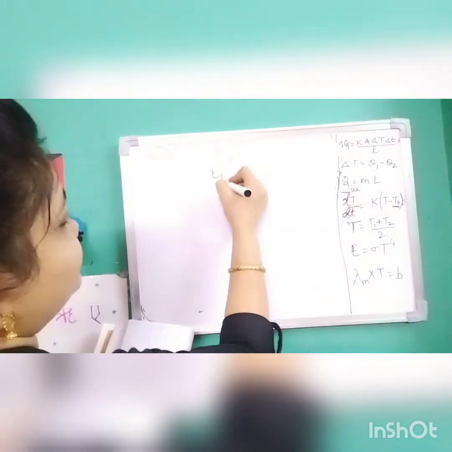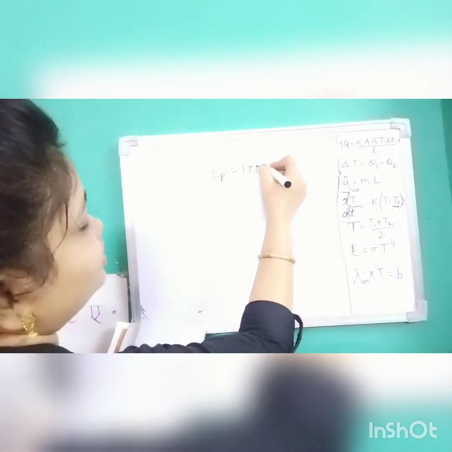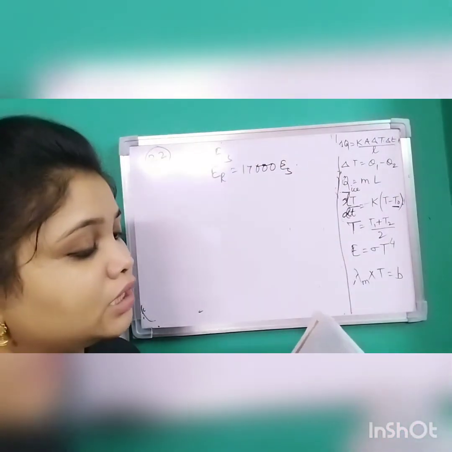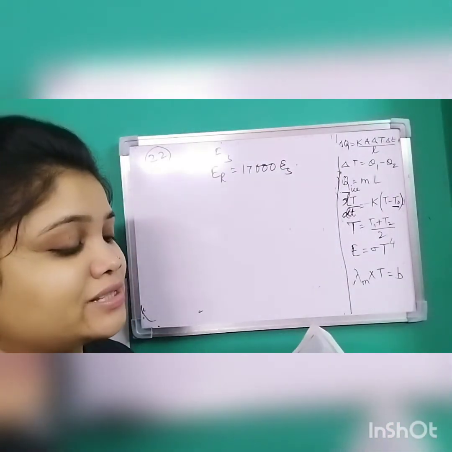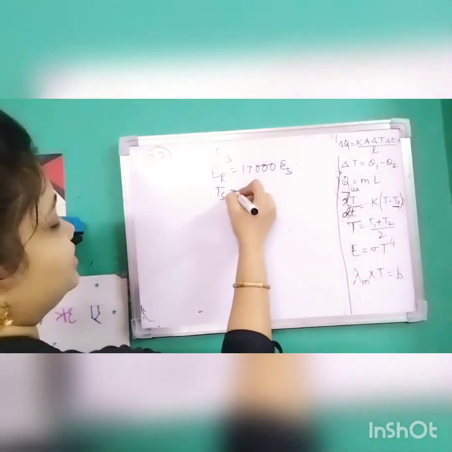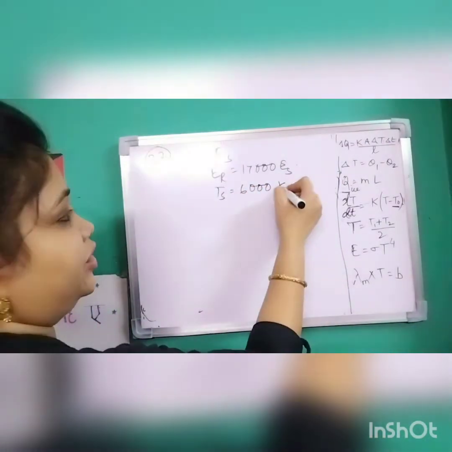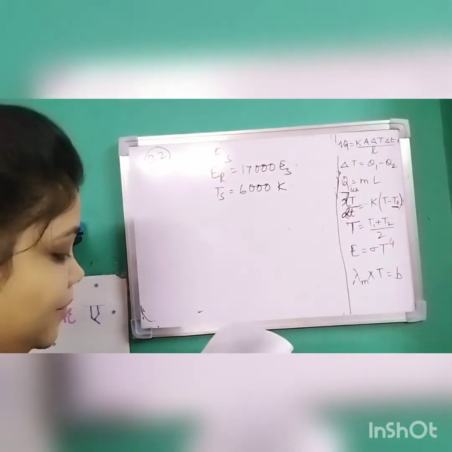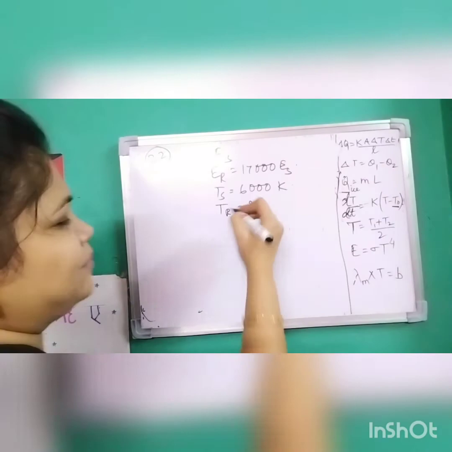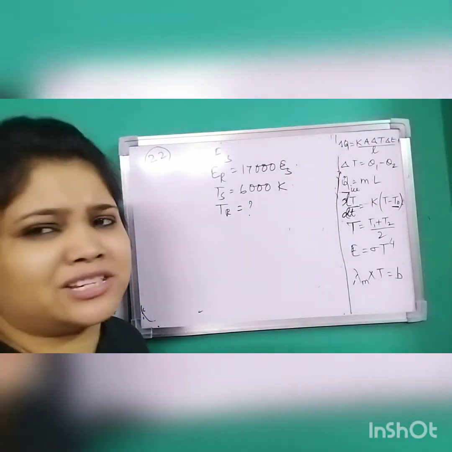So the Regal star is 17,000 times that of the sun. The surface temperature of the sun is 6,000 Kelvin, that means TS is given as 6,000 Kelvin. It's already given in Kelvin. You are asked to find the temperature of the star, TR. It's exactly the same Stefan's law.